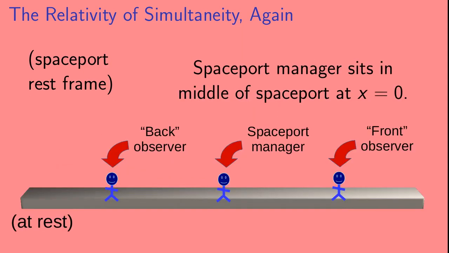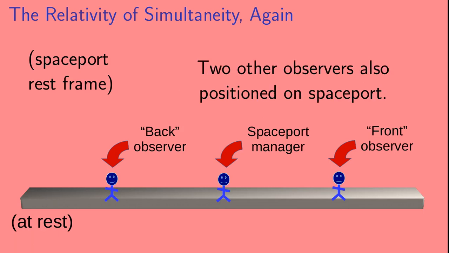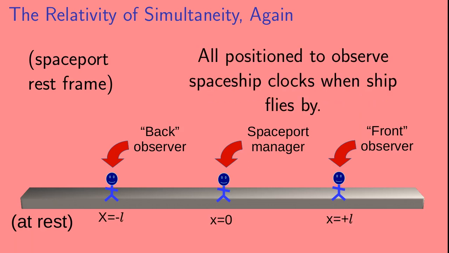Meanwhile, back on the spaceport, the manager sits in the middle of the spaceport, which was defined to be x equals 0. 2 other observers are also positioned on the spaceport. There is a front observer and a back observer. All 3 spaceport observers are positioned so that they can observe the spaceship clocks at t equals 0.